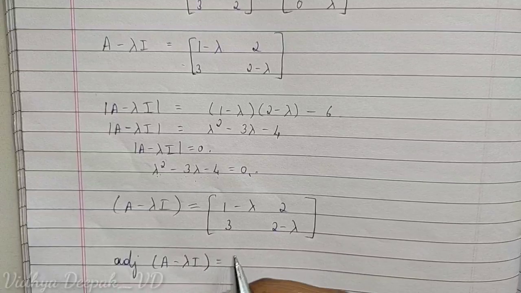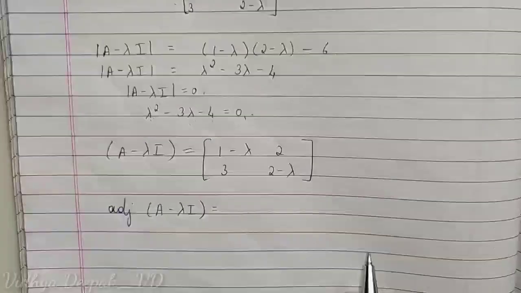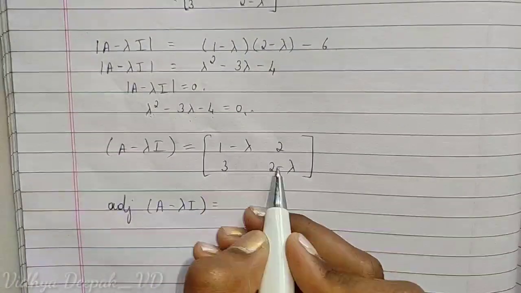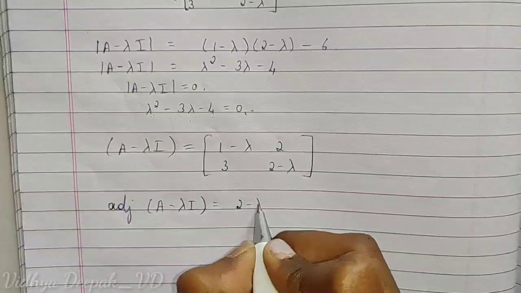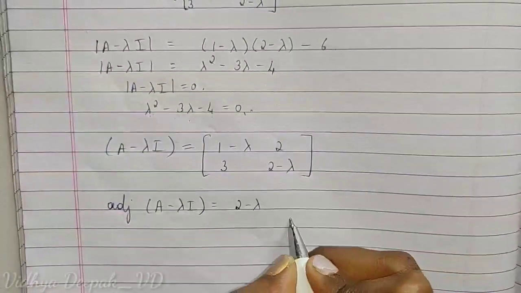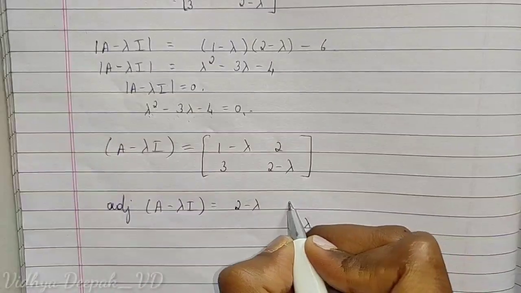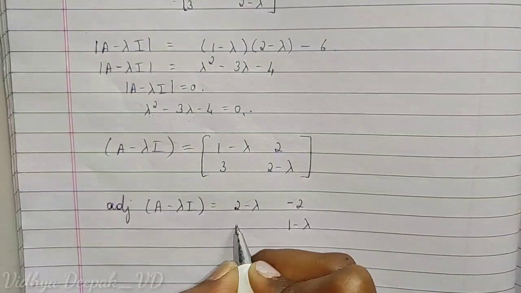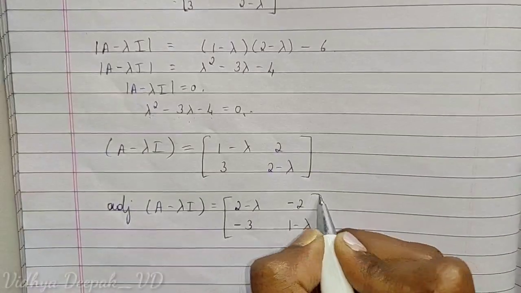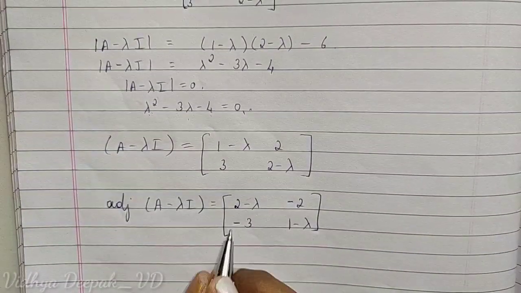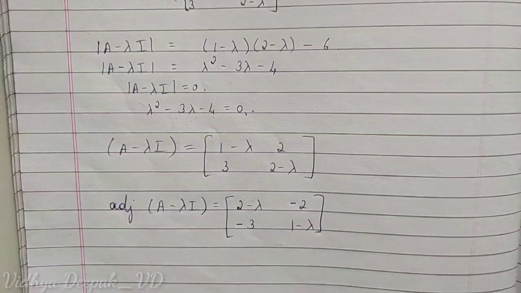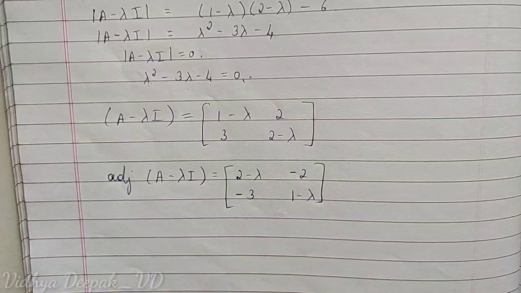Yes, we know the adjoint of a 2 cross 2 matrix can be found very easily, right? Interchange these two diagonal numbers, that is this becomes 2 minus lambda, and bring the other to this place. Then change the sign of the other two: 2 becomes minus 2, 3 becomes minus 3. Now this is the adjoint of the given A minus lambda I.